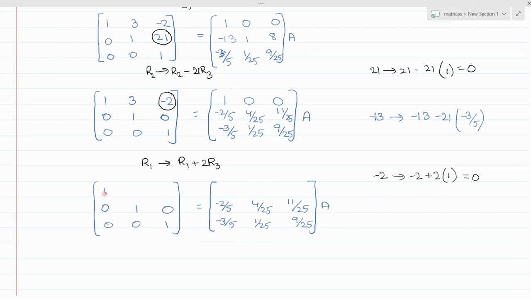Only row 1 elements change: 1 becomes 1, and 3 plus 0 becomes 3 only. And here 1 changes as 1 plus 2 times minus 3 by 5, that is 5 minus 6, minus 1 by 5. And here it's plus 2 by 25 and 18 by 25.